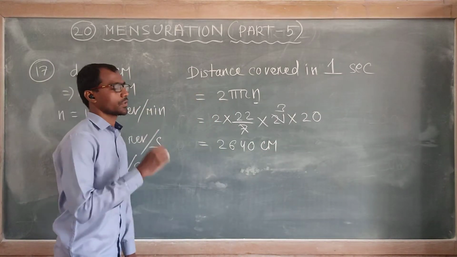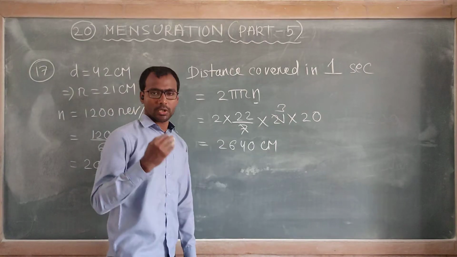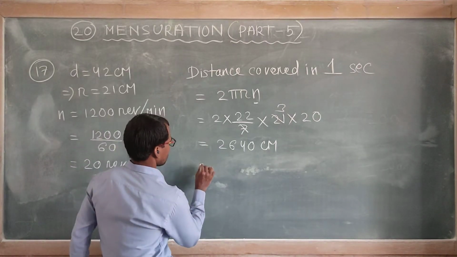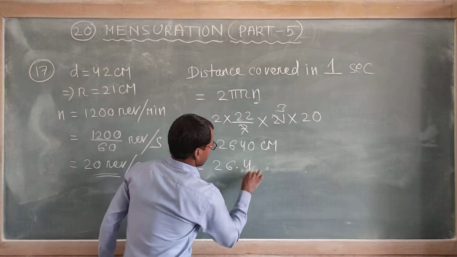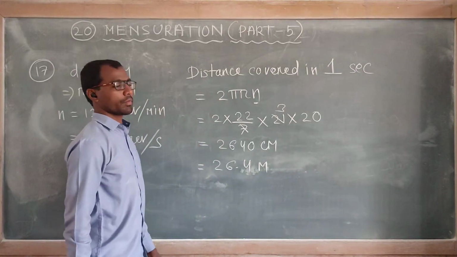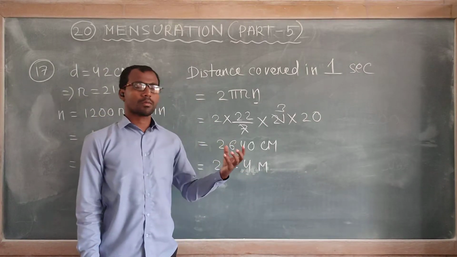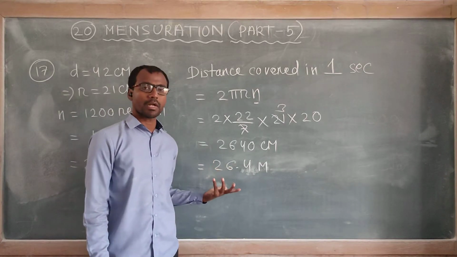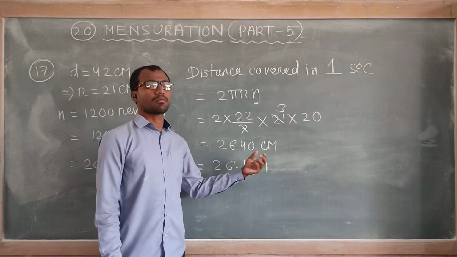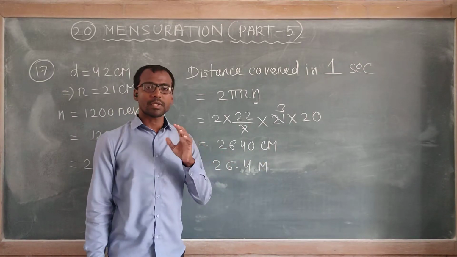Okay, 2640 cm. If we want to convert it to meters, then we divide by 100. If you want to convert cm to meter, you have to divide by 100. So 2640 cm is equal to 26.4 meters.